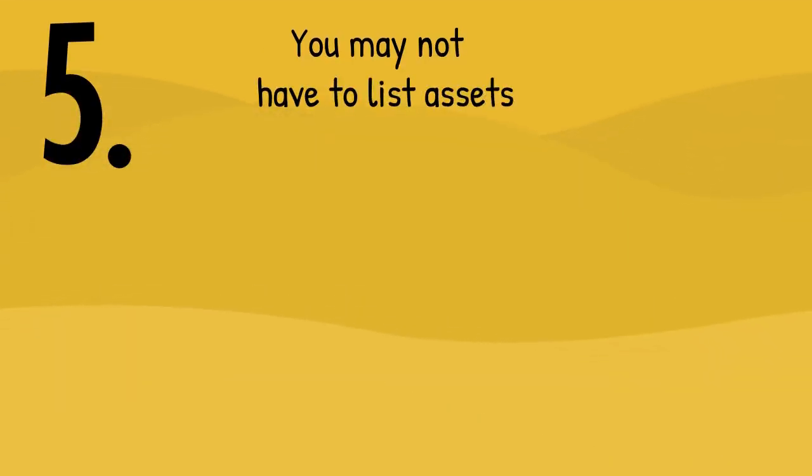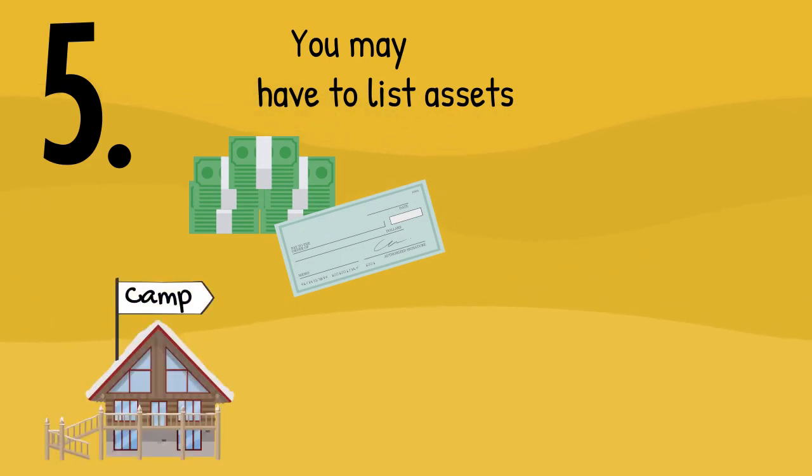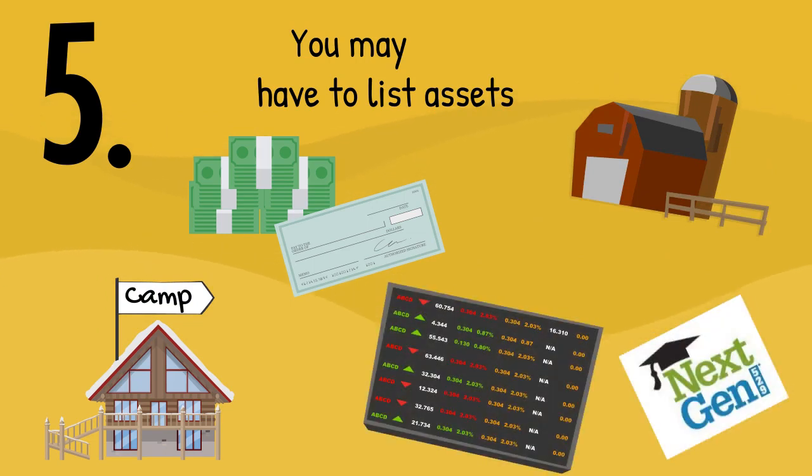Lastly, many students and parents aren't required to list their assets on the FAFSA. If you must answer questions about assets, only the following assets must be reported on the FAFSA: cash, checking, and savings accounts, real estate other than your primary residence, small business or investment farms, and other financial assets like stocks, bonds, certificates of deposit, money market accounts, and college savings plans, including 529 plans and Coverdell accounts.